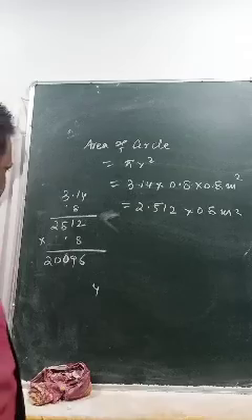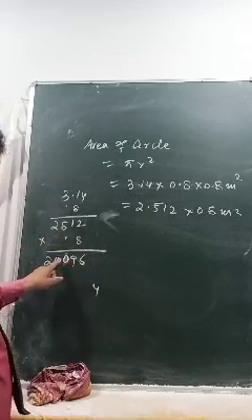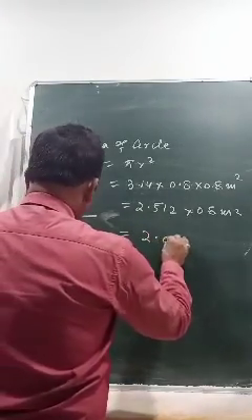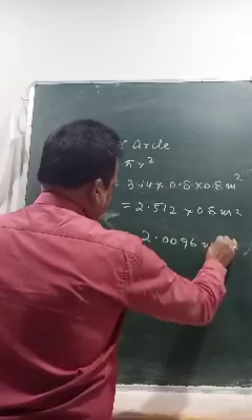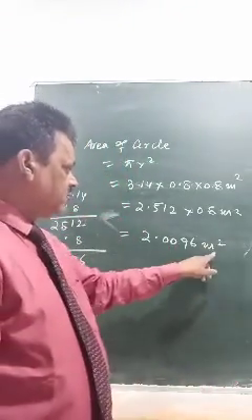Now count the digits, 1 2 3 4. This is 2.0096 meter square.